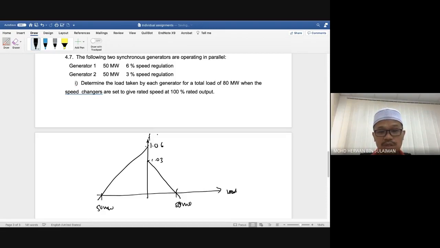So we have load 80 megawatts. We just sketch, it's not to scale. So this one at the y-axis 1 per unit, at the x-axis is 0. So we have 80 megawatts load. So this one is x. So this one is 80 minus x. So this one we call it alpha. Okay. Similar solution, right?